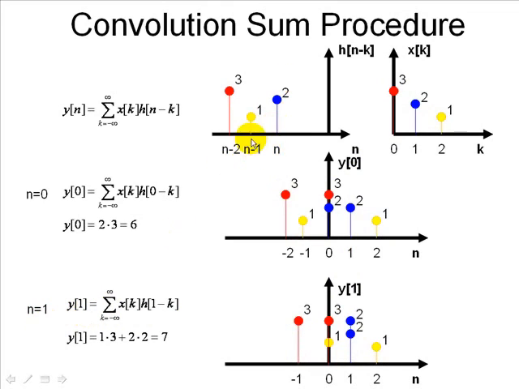So this 2 will be at 1, this 1 will equal 0 as shown here, and when n is equal to 1, this 3 is located at negative 1. So we can see here it's 3 times 1 as shown by this process plus 2 times 2. Okay, 1 times 3 plus 2 times 2 is equal to 7. So that's for n equal 1.